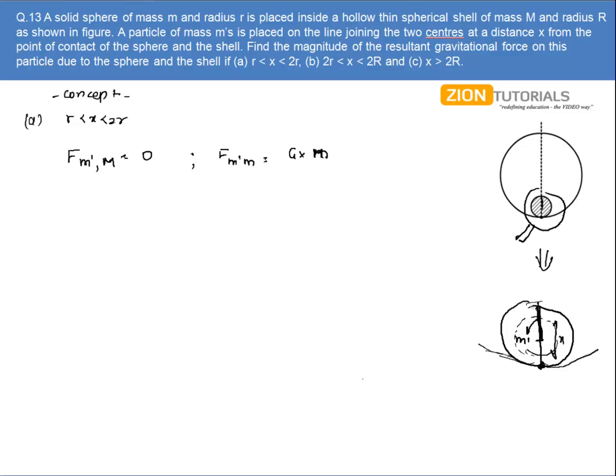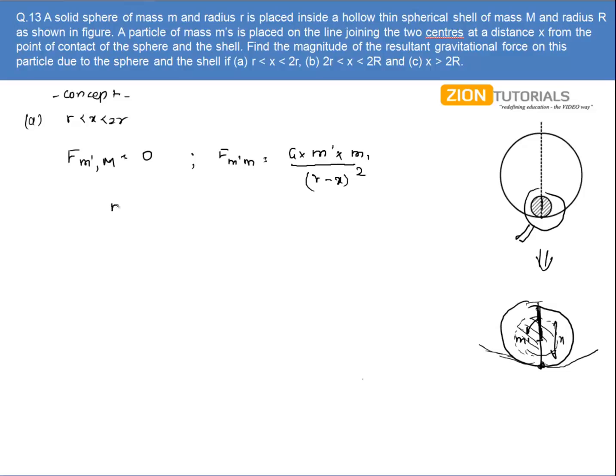Again the same concept: the part lying outside the particle position will not exert any force on it. So it is G times m dash, the mass of the particle, times m1, the mass of this much part, divided by the distance between both of them, which is x minus r, whole square.